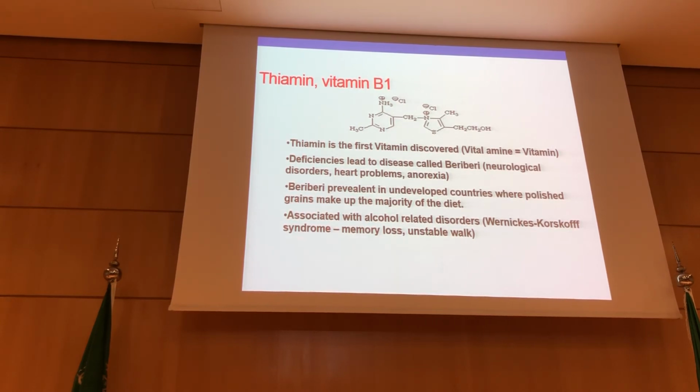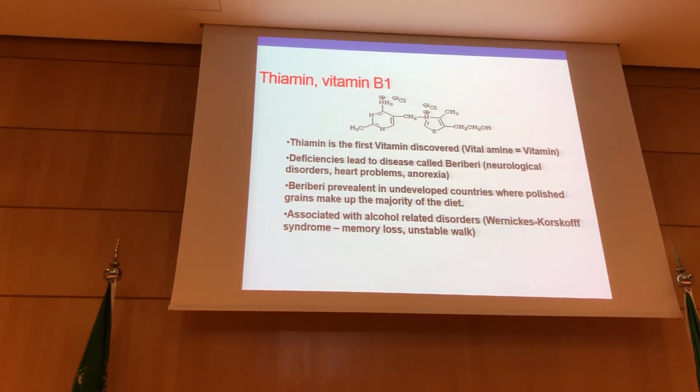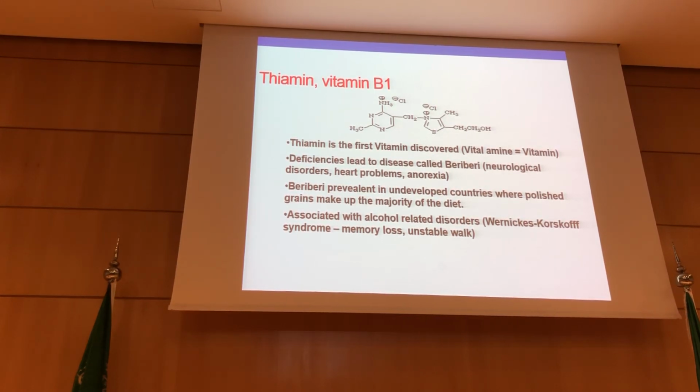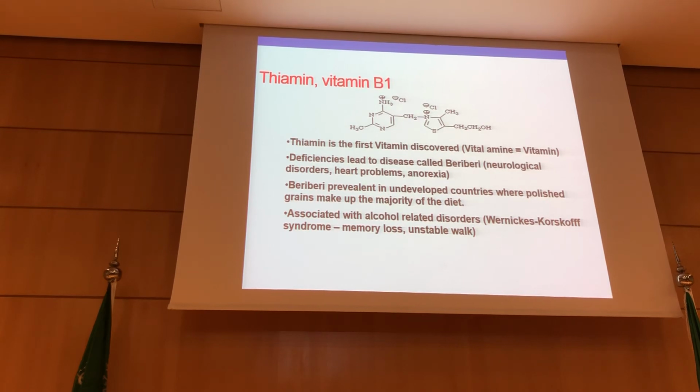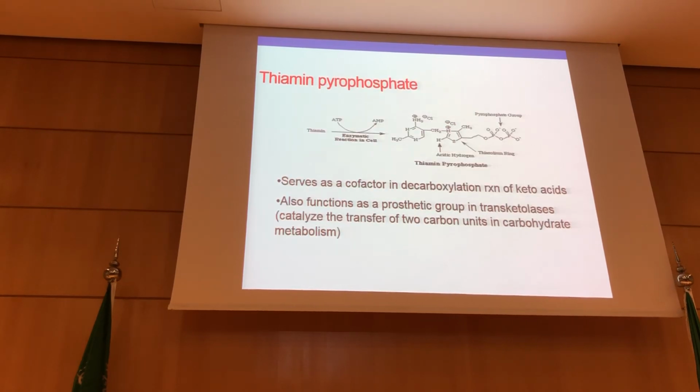This disease causes memory loss and unstable walk, and it is associated with people who drink alcohol. They are not eating a healthy diet, and there is a defect in the affinity between the enzyme and thiamine pyrophosphate, so they develop a more severe disease than beriberi, which is Korsakoff disease.